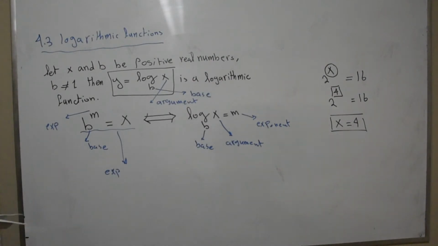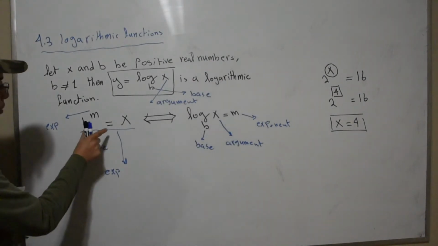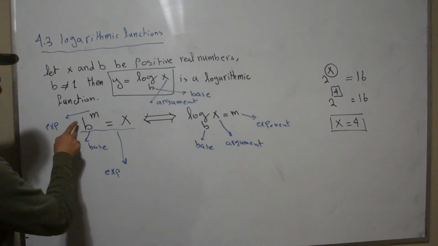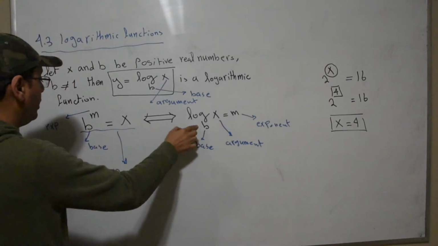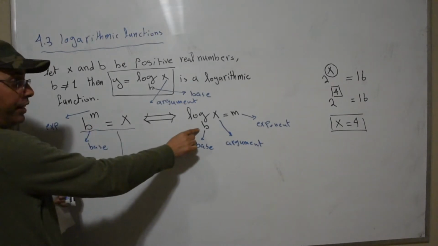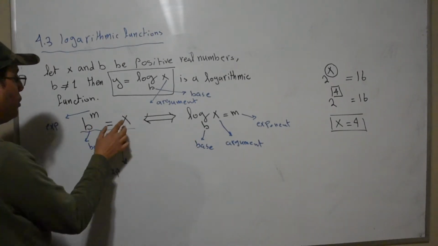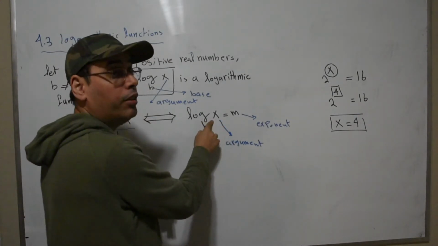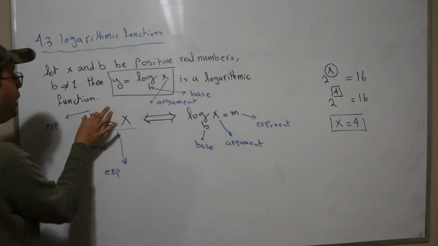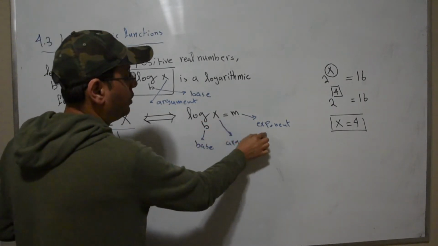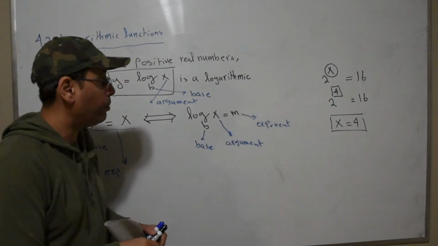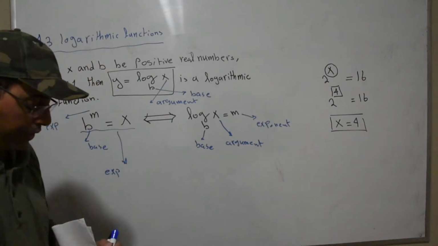Again, to convert from exponential to logarithm, we write log, take the base down there, the answer of the exponential function becomes the argument of the log function, and the exponent becomes the answer. Let's get some examples to develop this idea.